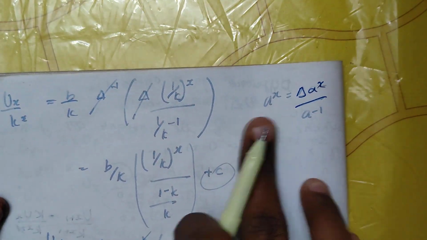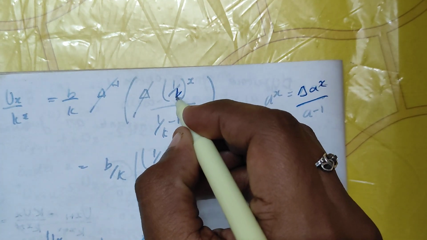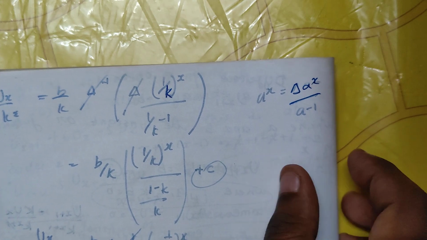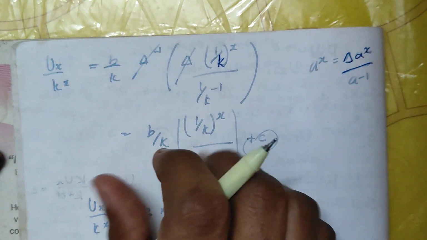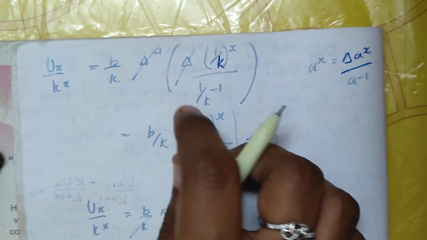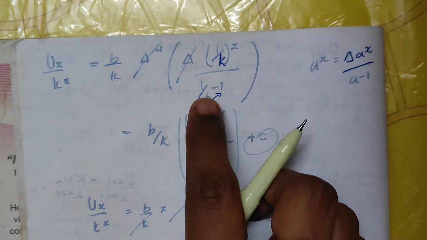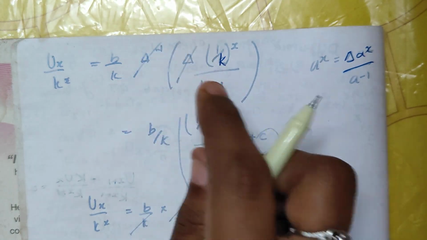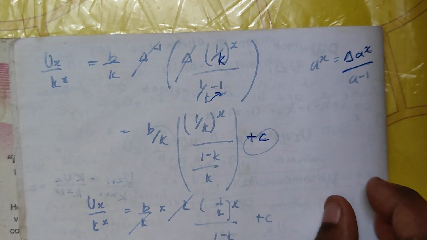So I write 1 by k power x divided by 1 by k minus 1. The remaining I keep as it is, and then I cancel delta inverse and delta. Then take LCM, you will get 1 minus k by k. When you cancel delta and delta inverse, you will get plus c, a constant, here.